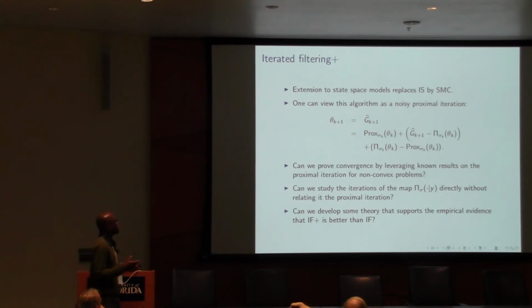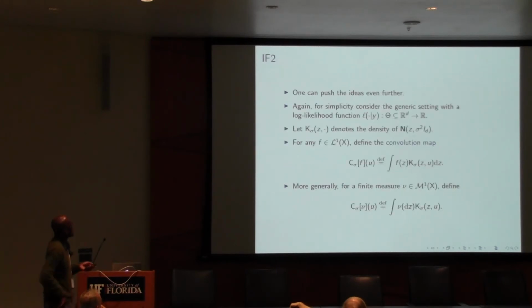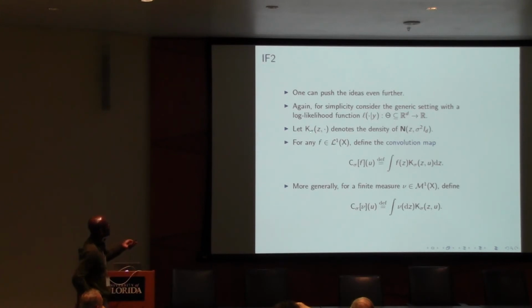One can actually push the idea even further. Again, let me present it in the context of the simple log likelihood function that we have here, L. And let me call K sigma of z the Gaussian density with mean zero.